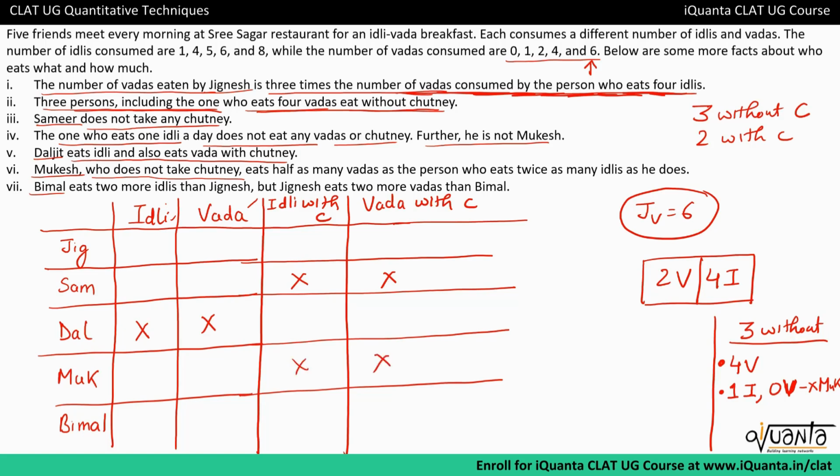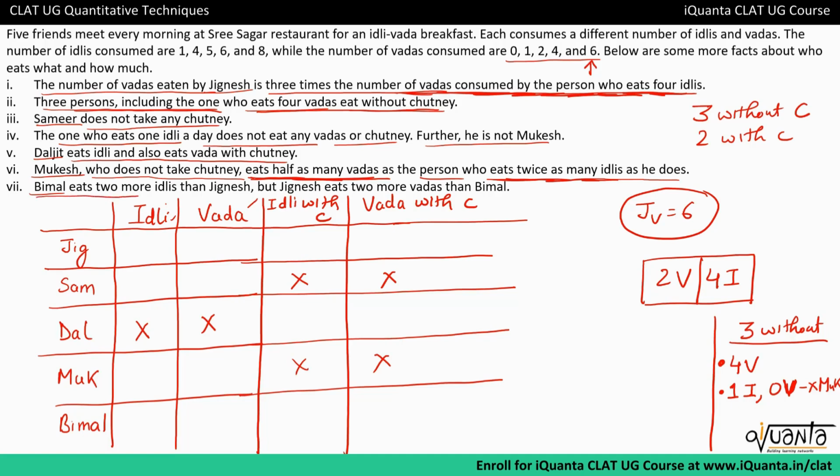After that, Mukesh eats half as many vadas as the person who eats twice as many idlis as he does. So we have a relation between Mukesh and a person. Mukesh is eating half the number of vadas eaten by that person, and that person eats double the number of idlis eaten by Mukesh. But this doesn't give us anything. We'll use this later.